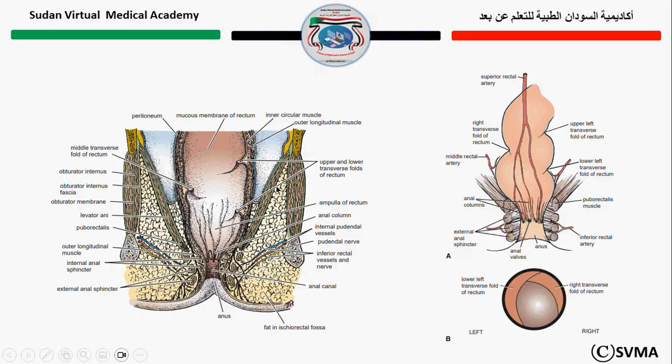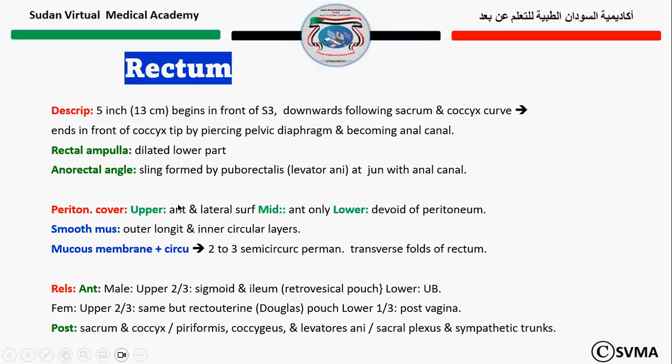The sling goes around the lower part of the rectum before it changes its name to the anal canal, and it helps as the anal or rectal sphincter. So we know the anorectal angle is formed by the sling of puborectalis, and the rectal ampulla is the dilated lower part of the rectum.